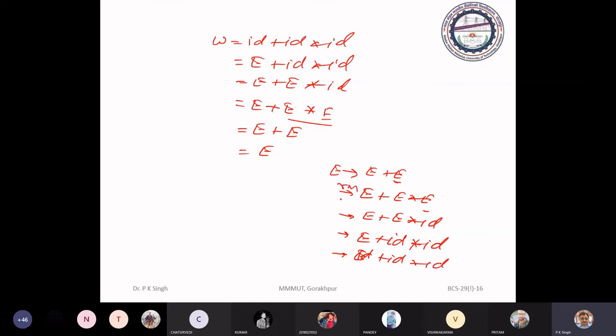All are rightmost. In all cases, the rightmost non-terminal is considered.